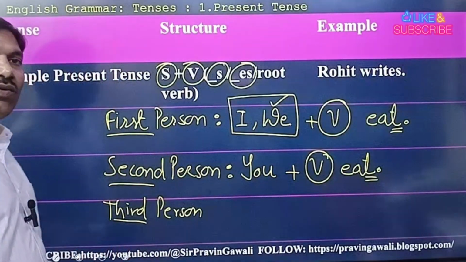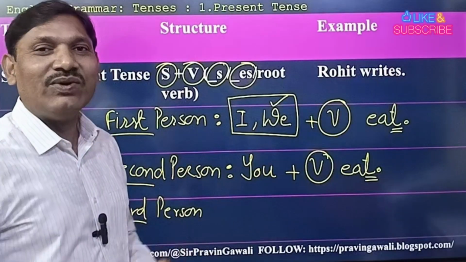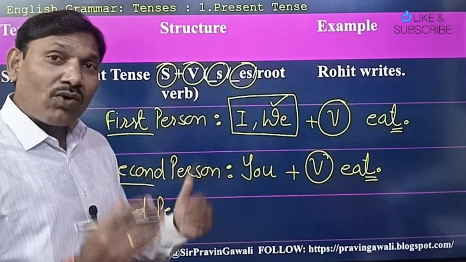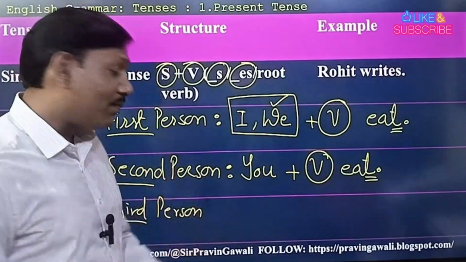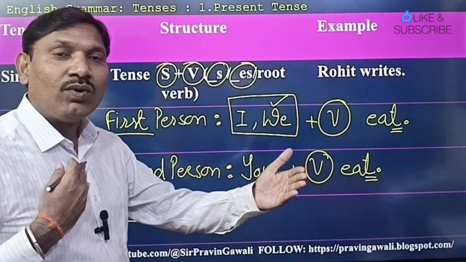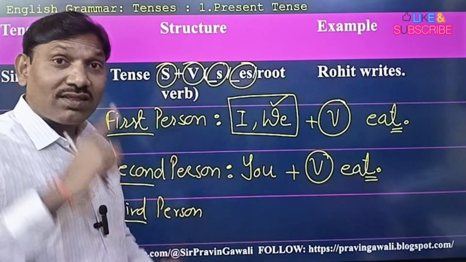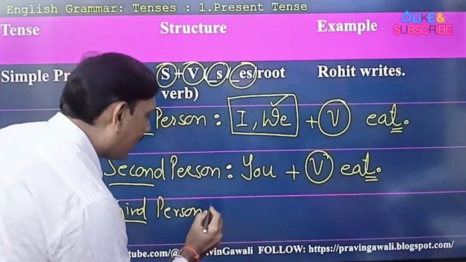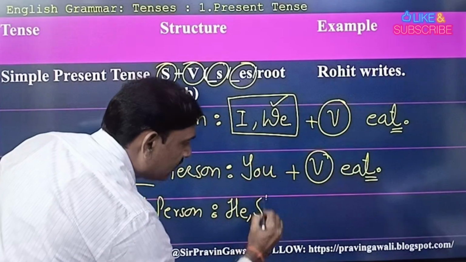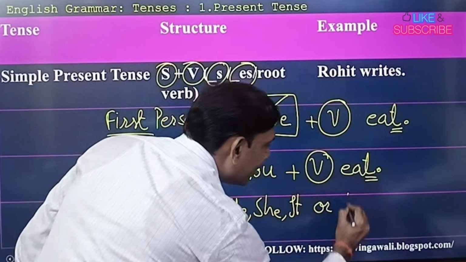Now third person. What is third person, students? If you know the answer, comment below the video. See, the one about whom we are talking, that will be the third person. When I and you are having communication, speaking about another person, that is called a third person pronoun. For example, he, she, it, or they.